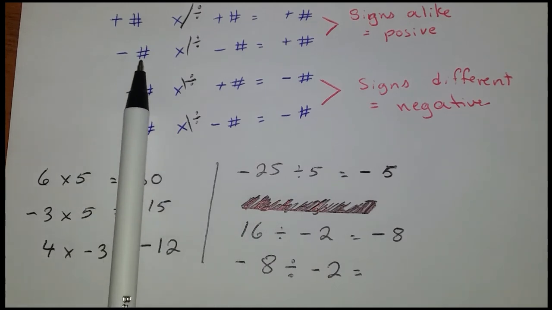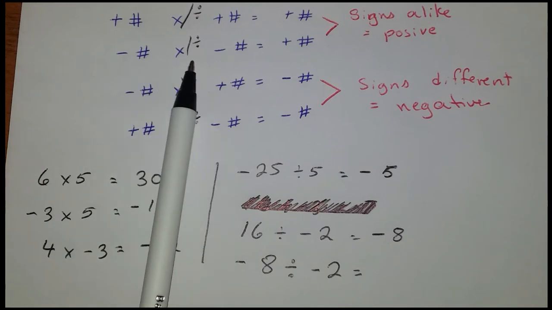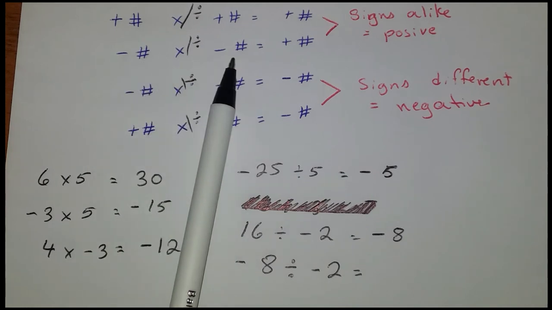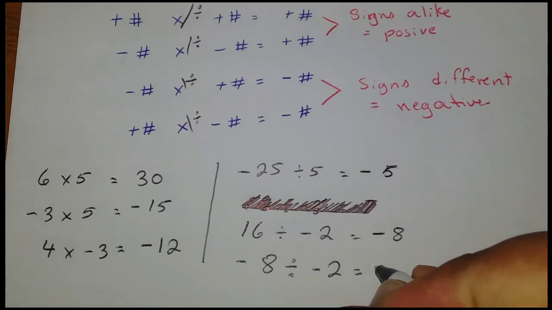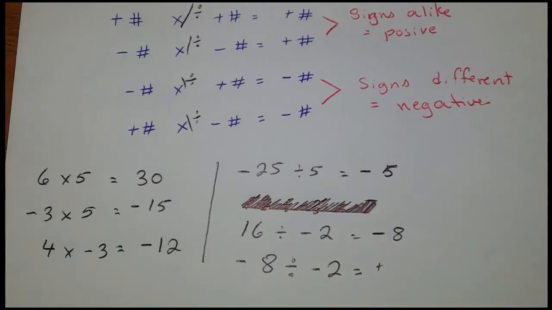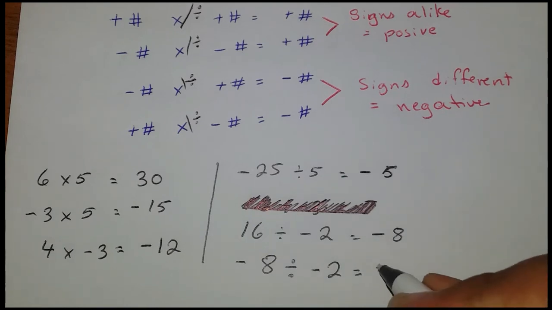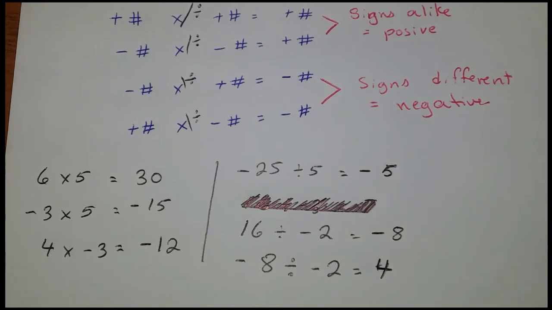A negative number divided by a negative number, my answer should be a positive number. So here I will put a small positive there because we don't need to put the positive, right? And then we say 8 divided by 2. 8 divided by 2, my answer is 4. And it is positive. So that is what we have.